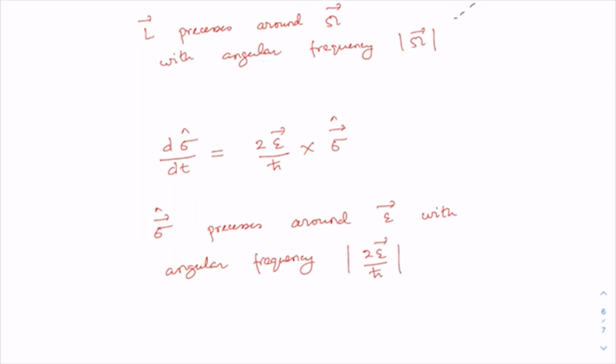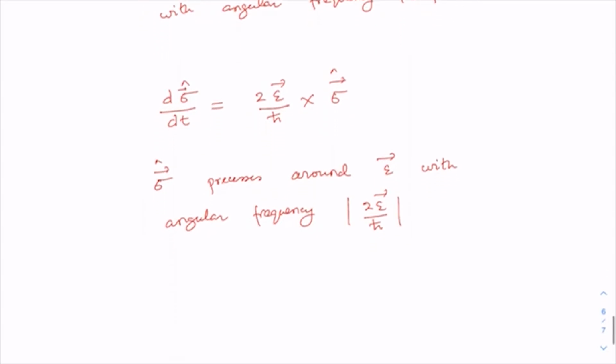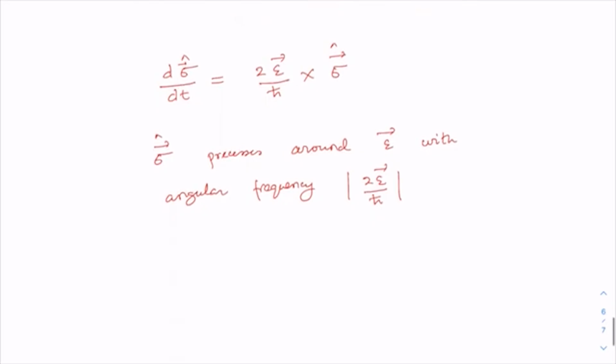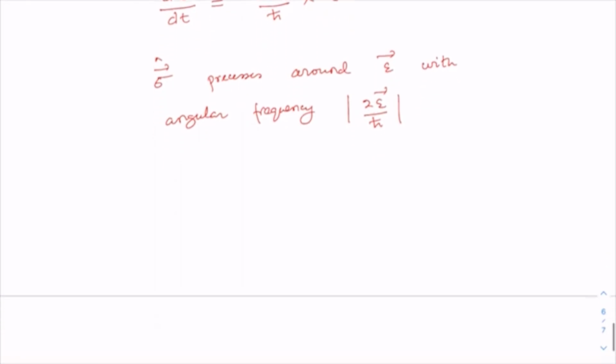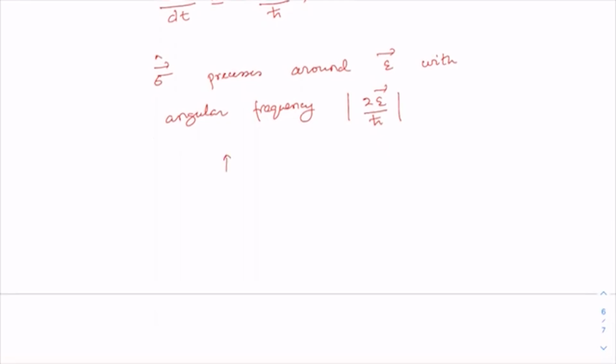Actually, to be rigorously correct, as you can see, this is an operator, so we cannot plot an operator as such, but what we can do is take the expectation value of the operator and then plot it graphically.